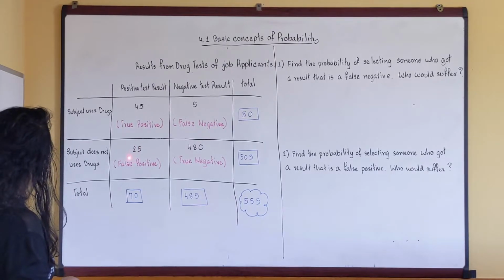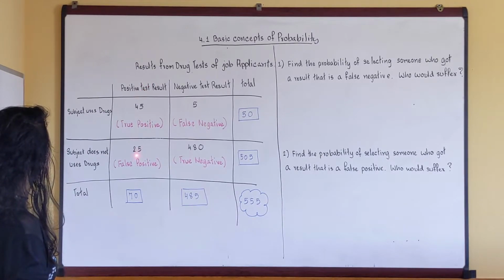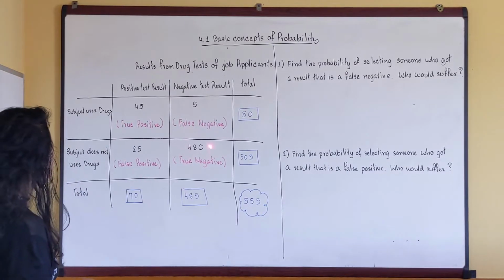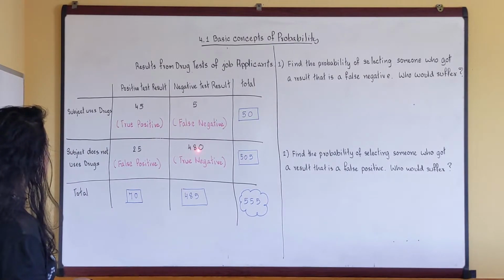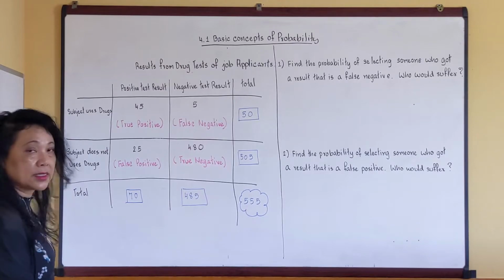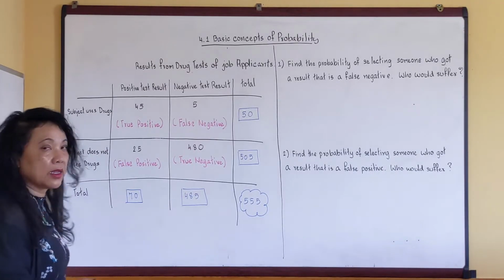Look at this cell, it means that subject does not use drug. He didn't use drug, but it turned out positive. So it's a false positive. And this cell represents subject does not use drug, so it should be negative. So it is negative, so it's a true negative. Alright, so that's the meaning of each cell.